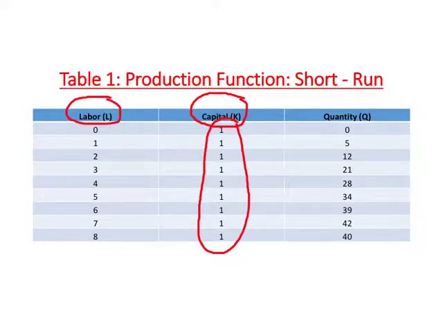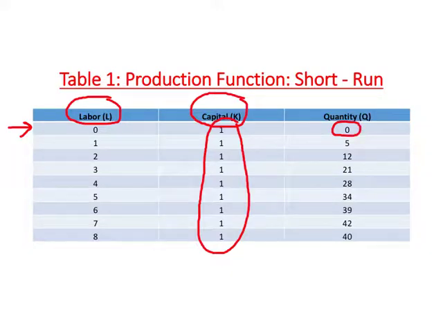And the best way to visualize this kind of table is to consider a small farmer who has a plot of land, and the plot of land is fixed in size. How much wheat it grows depends on how many workers the farmer employs. Now, when the farmer employs no workers, nothing is produced on that plot of land.